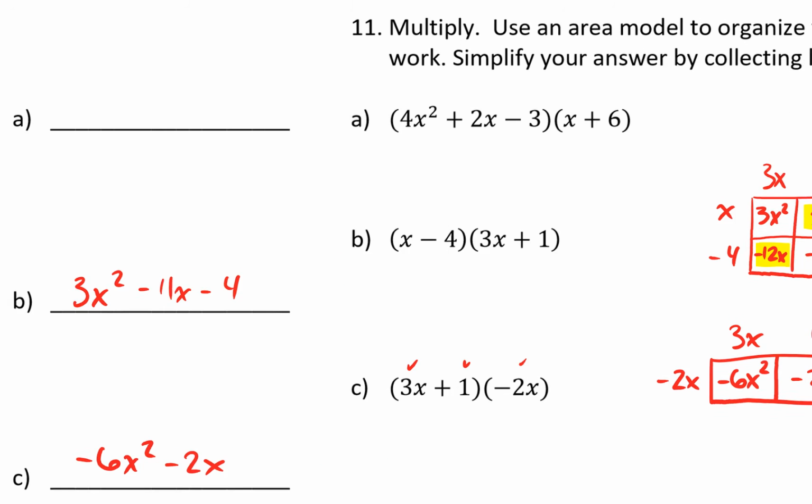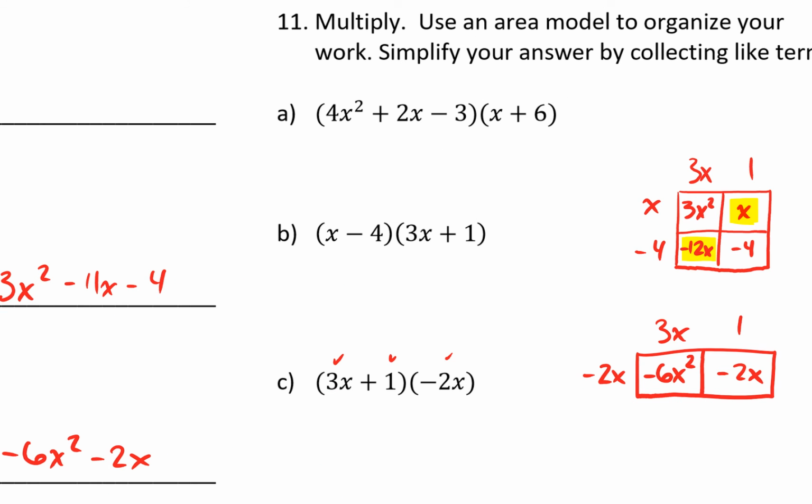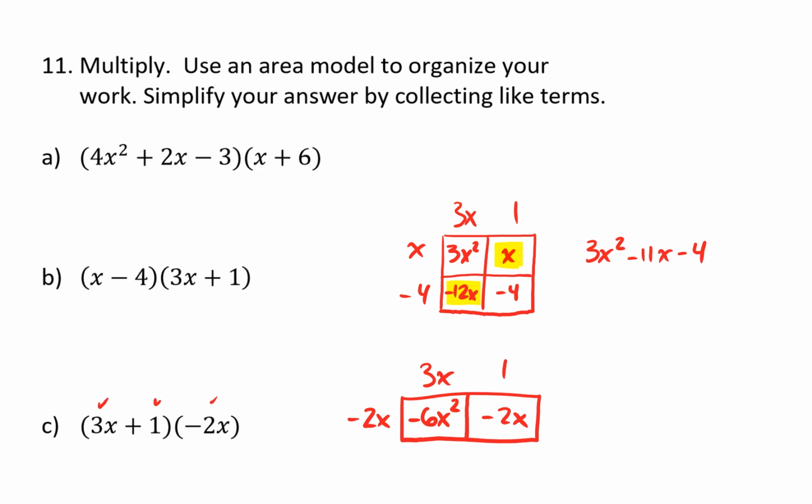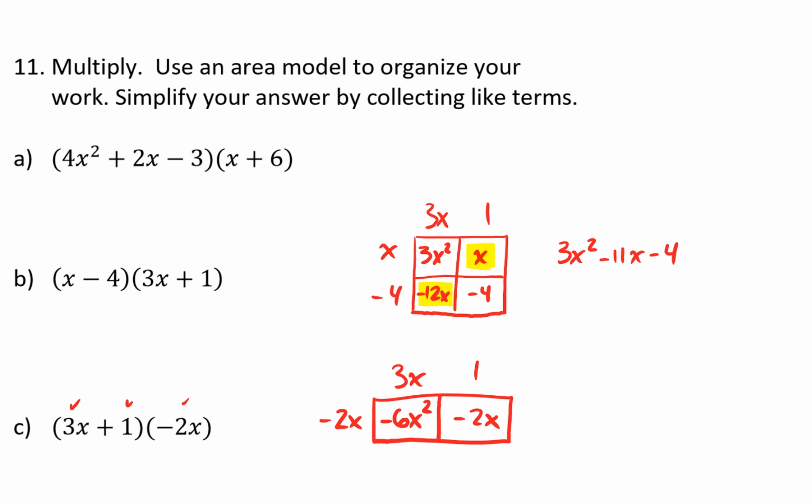And then on the final one, again, big picture, I'm multiplying just two things. This is one of the things that I'm multiplying, and then it's times another thing. Well, the first thing that I'm multiplying turns out to have three different terms: there's a 4x squared, there's a 2x, and there's a negative 3.